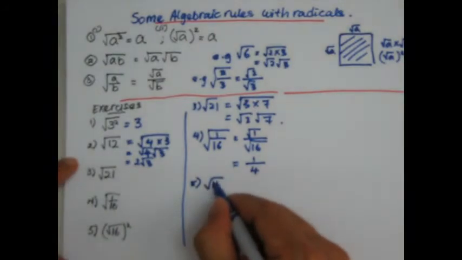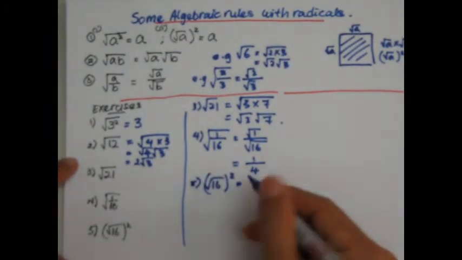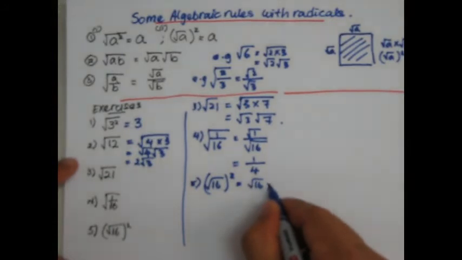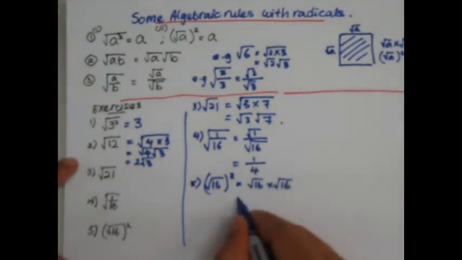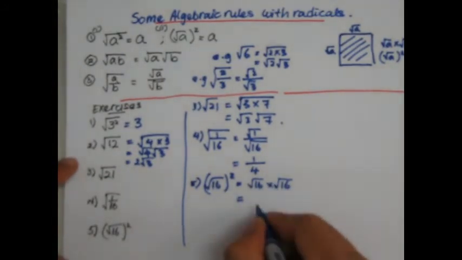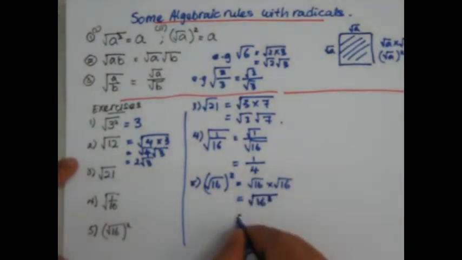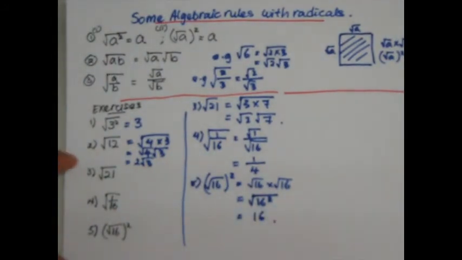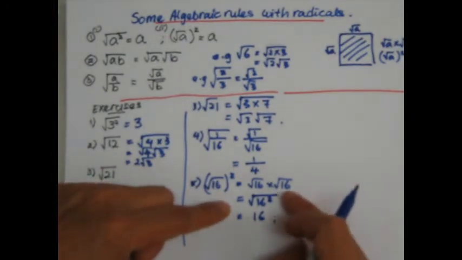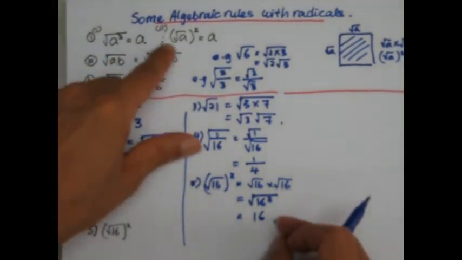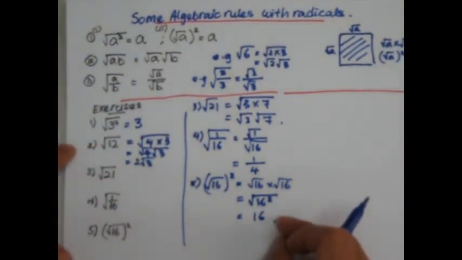You can see that this is the same as square root of 16 squared, or just 16. I'm doing it this way just to show you that part 1 and part 2 are actually identical.